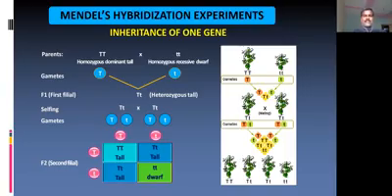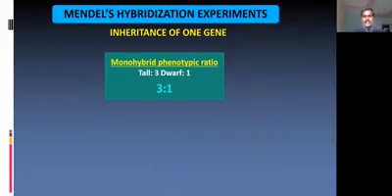It concludes that capital T capital T is a homozygous dominant tall plant. Capital T small t indicates a heterozygous tall plant. Small t small t indicates a homozygous recessive dwarf plant. Like this, he has got the result.